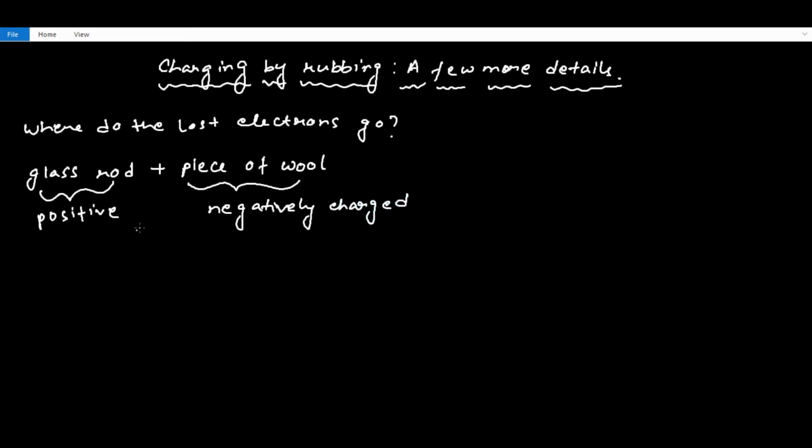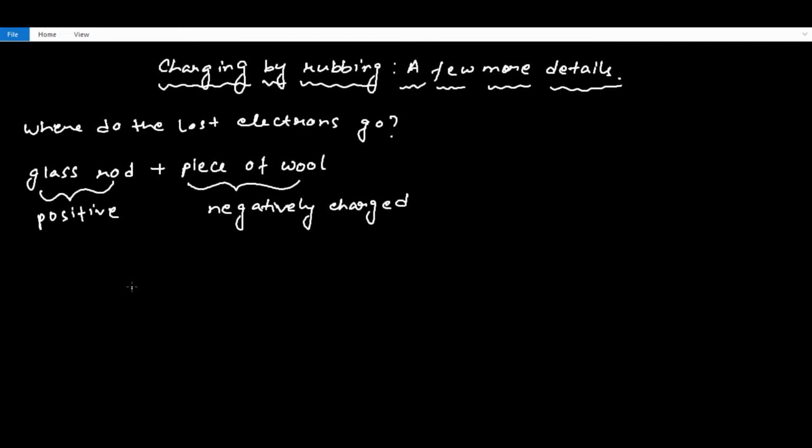So the glass rod becomes positively charged and the piece of wool becomes negatively charged. This is a very common experiment, and while explaining I'm showing it to you. I'm telling you that the glass rod will be positive and the piece of wool will be negative.